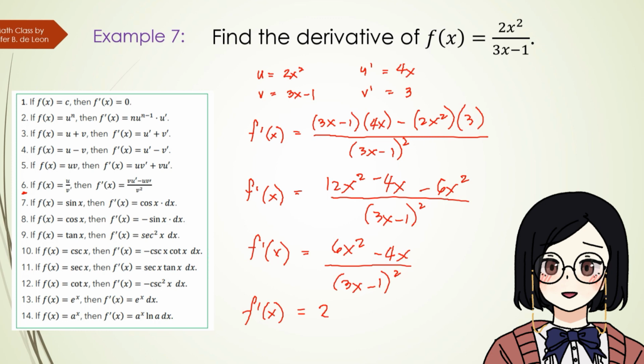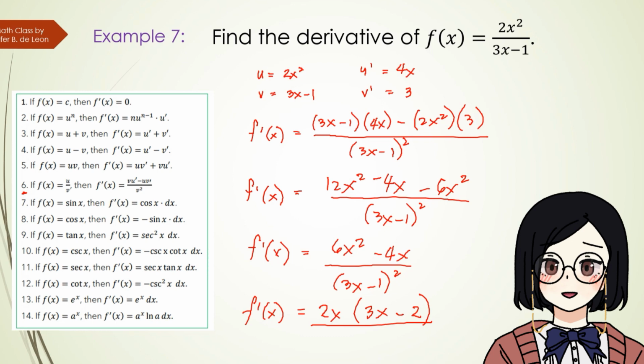Now let's take a look if we can cancel out something. By expressing the numerator in factored form, we extract the greatest common factor, which is 2x. So we will have 6x squared divided by 2x, that would be 3x. Now, negative 4x divided by 2x, that is negative 2.